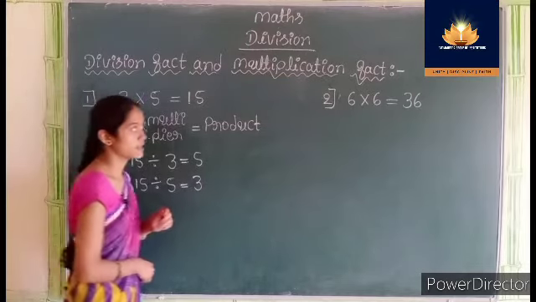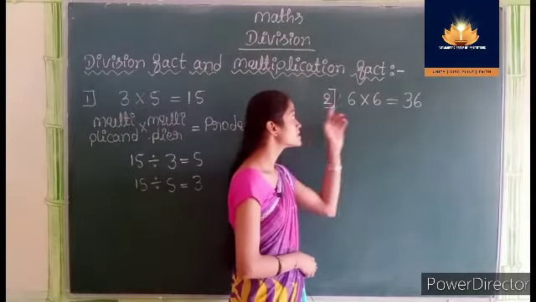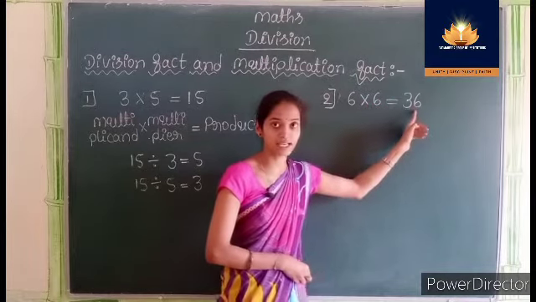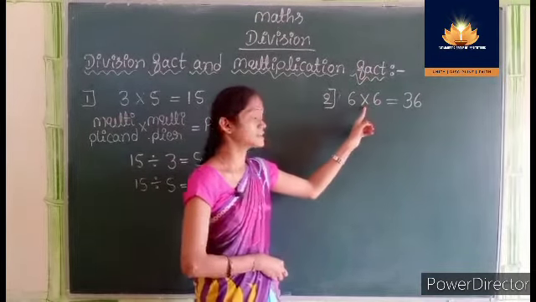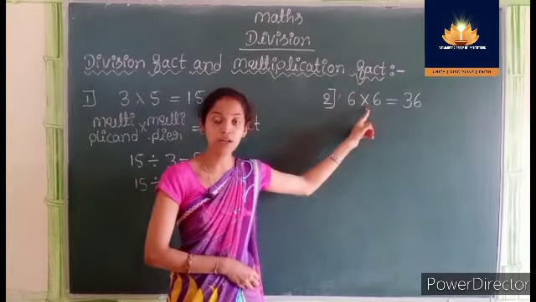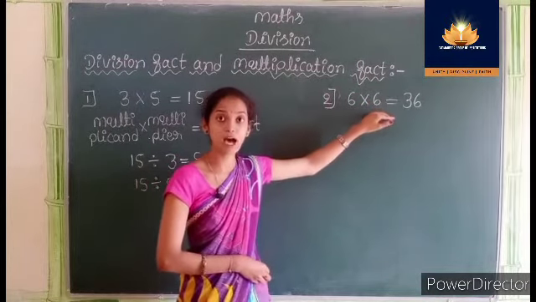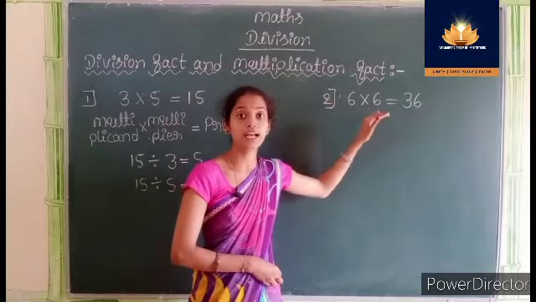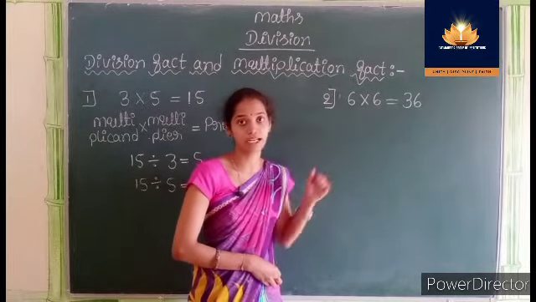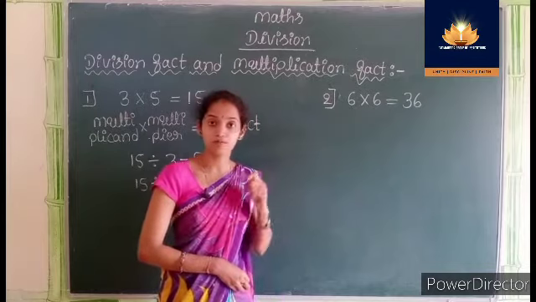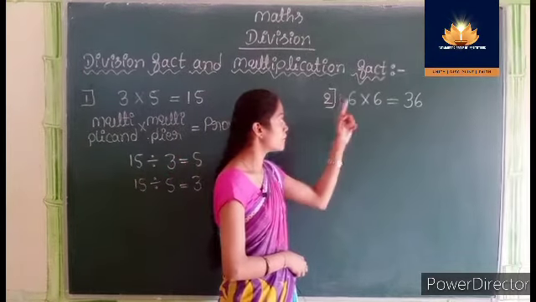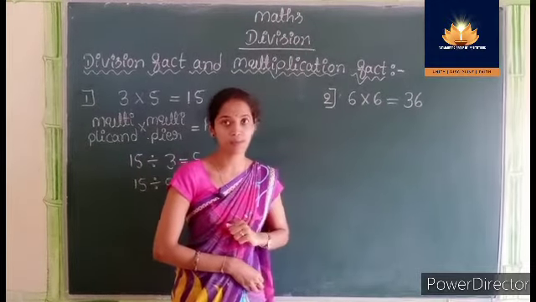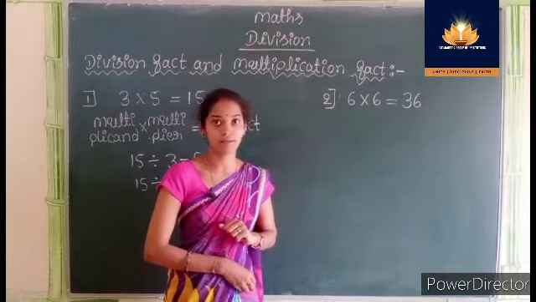Let us see another example. Here 6 into 6 is equal to 36. Here this is the multiplication symbol. So this sentence is a multiplication fact. We have to generate division fact for this multiplication fact. Observe students, here multiplicand and multiplier both have the same number, that is 6, right?